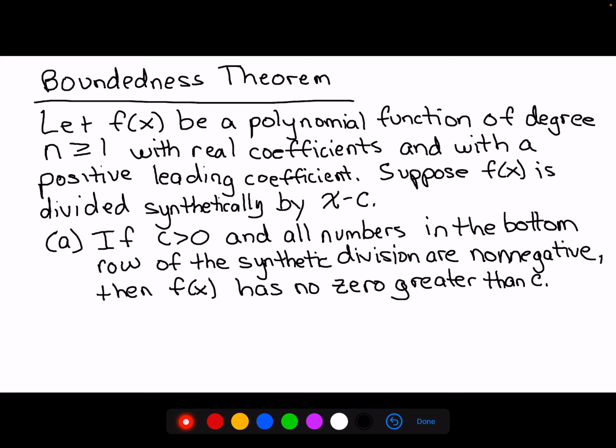I mean, if there's a different remainder, as long as there's not going to be a 0 bigger than that number. You could have a remainder other than 0. So I guess here they're not using c to necessarily be a 0. That's confusing. Anyways, okay. That's something to keep in mind.